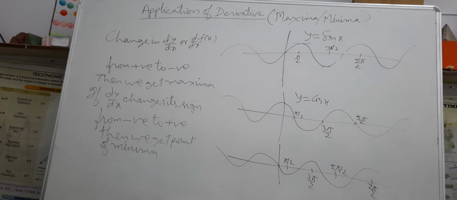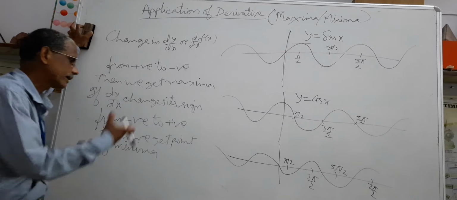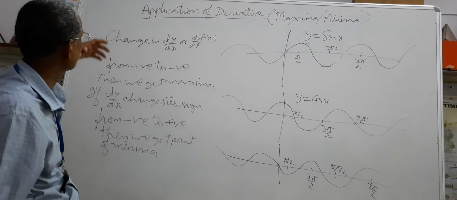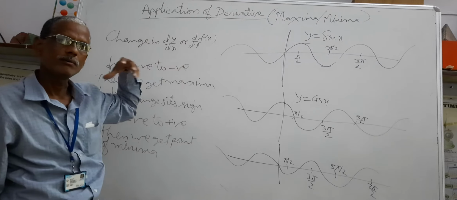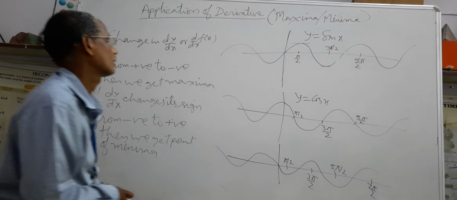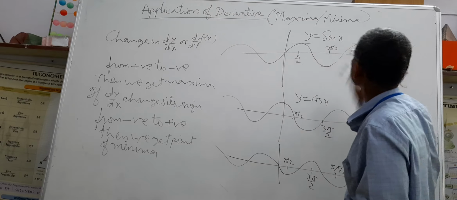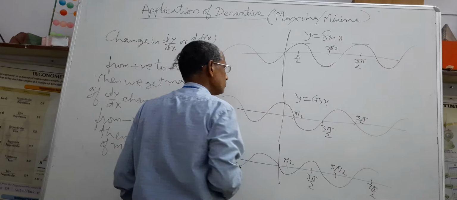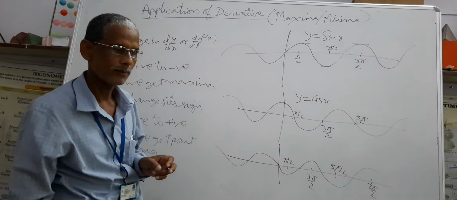Now, what is working rule? Your working rule is to determine point of maxima or minima. First of all you will determine dy dx, because dy dx determines the point of maxima or minima. All those points where dy dx become 0 will be either point of maxima or point of minima.